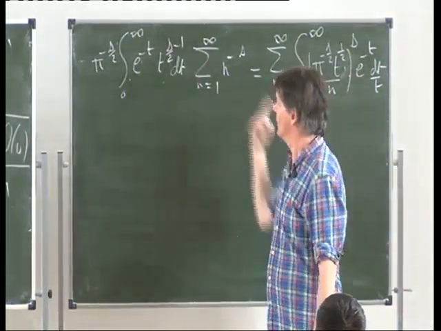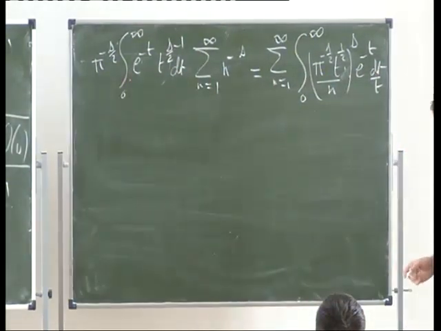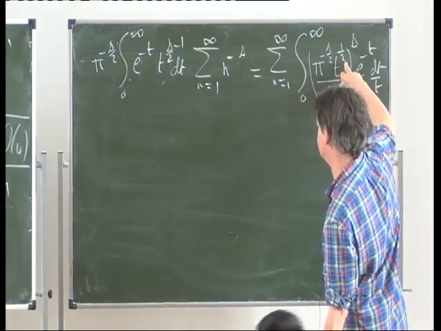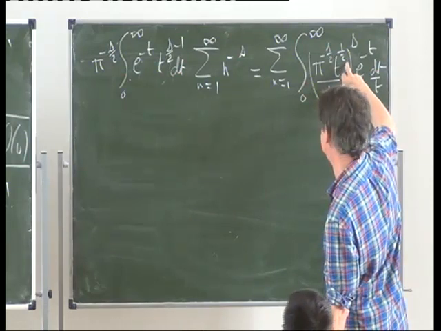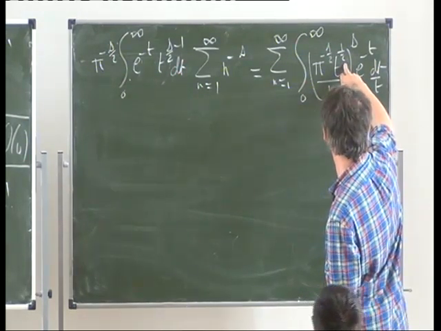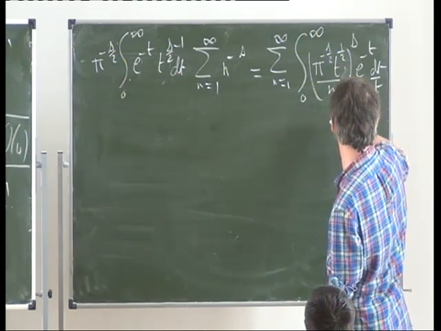So I spare one t here, and I make the obvious change of variables. Actually, I don't want to put t squared here. I want to make the change of variables.